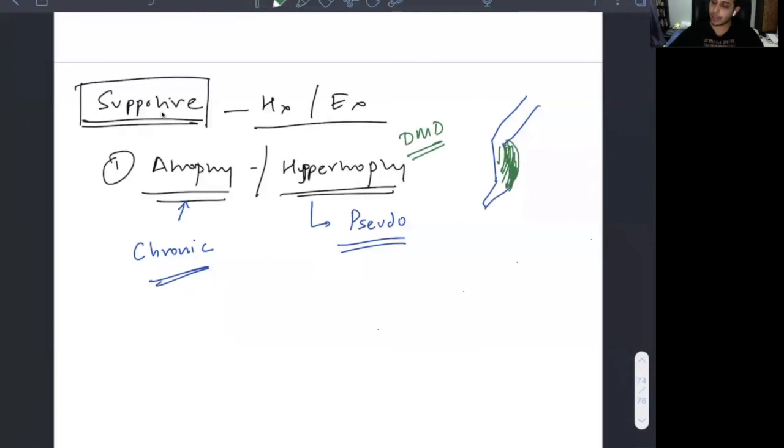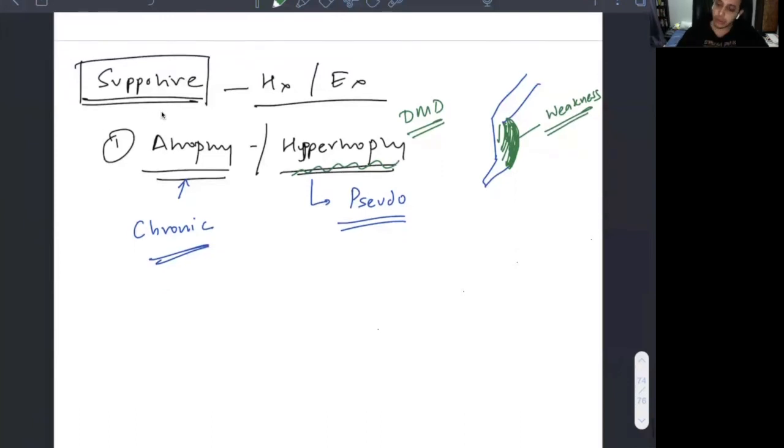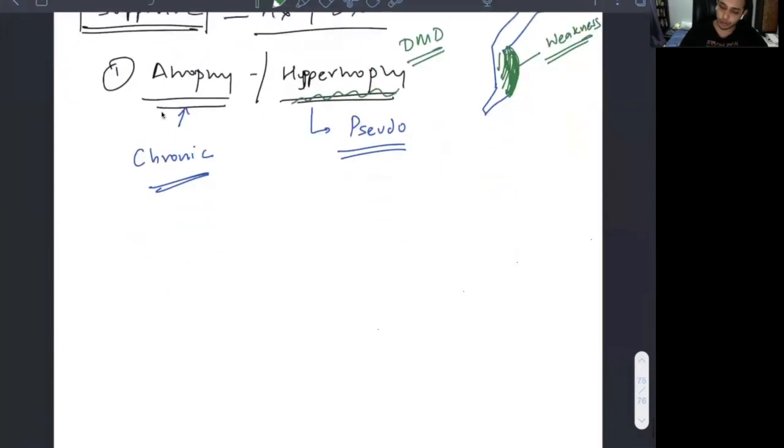So the patient may come with huge calves, and it may look like he's been actually working out. But there is still weakness. So just because the muscle looks big doesn't mean that the muscle is stronger. From external appearance, it will seem that the muscle is hypertrophied, but it's not a true hypertrophy, because it's not the fibers themselves that are growing, it is actually fat deposition. So one of them is hypertrophy.